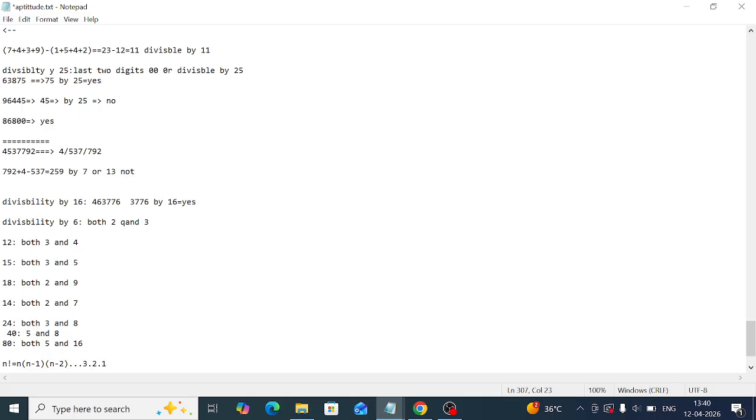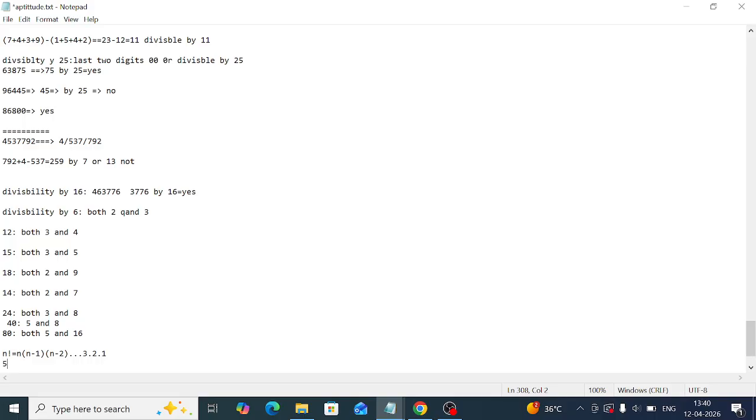Like that you are going to write. 5 factorial means 5 into 4 into 3 into 2 into 1, that is equal to 5 4 20, 20 3 60, 60 2 120.